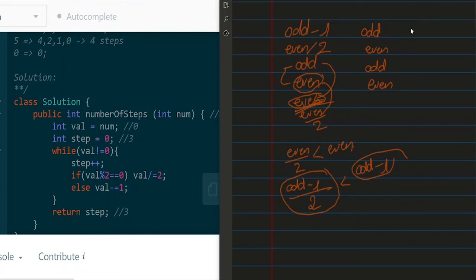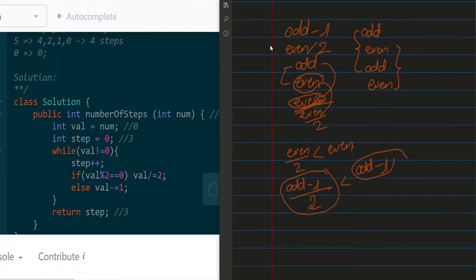And so in the worst case scenario, we would have the same number of odd operations as even operations.